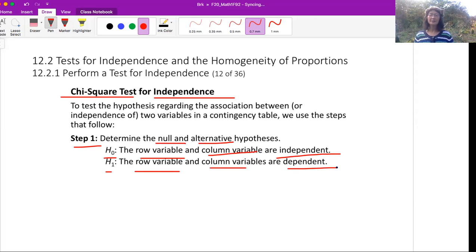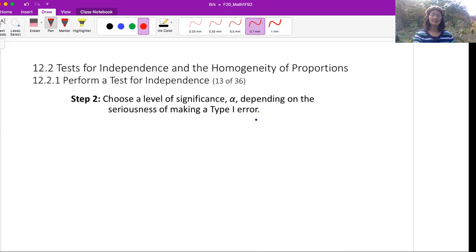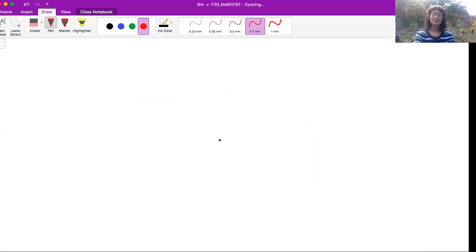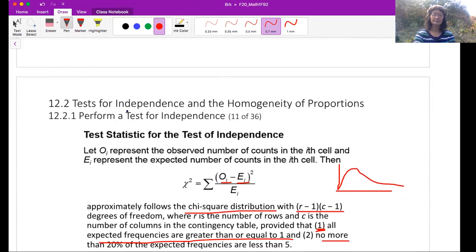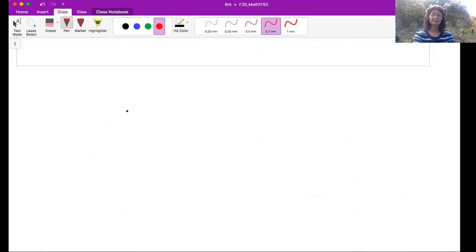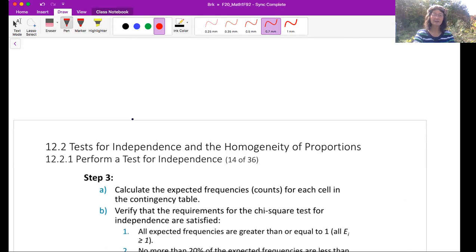You see H0 and H1 are opposite to each other. One of them is correct. Step 2, we choose the level of significance alpha.